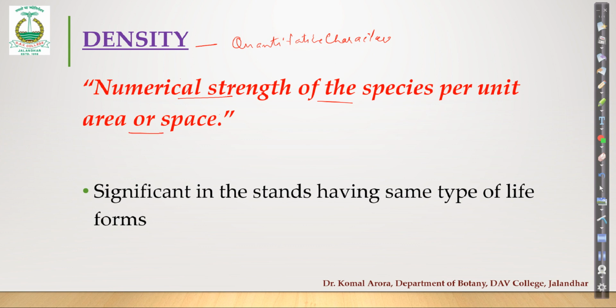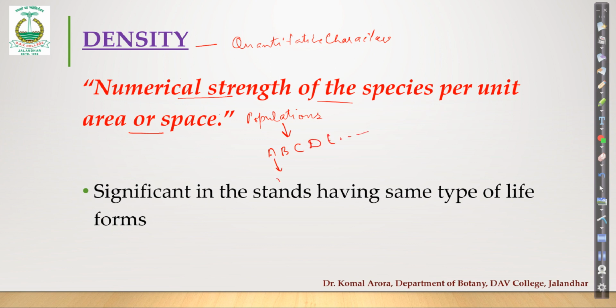In simple terms, whenever we visit a plant community, we have a number of populations there. Populations means a group of individuals of a species. So a number of populations are coexisting, for example populations of species A, B, C, D, E, and so on.